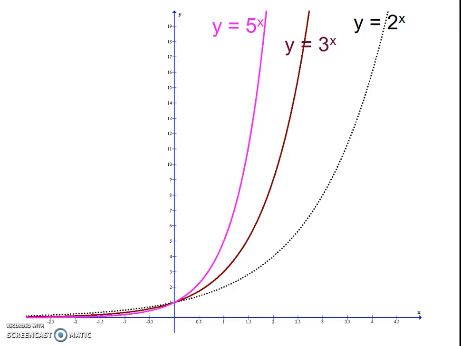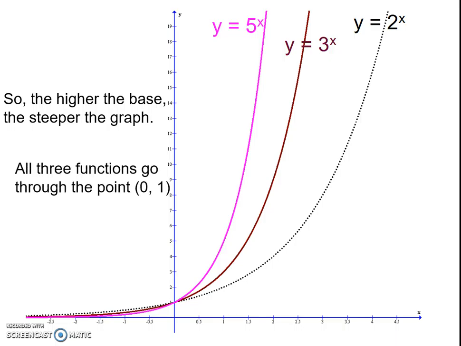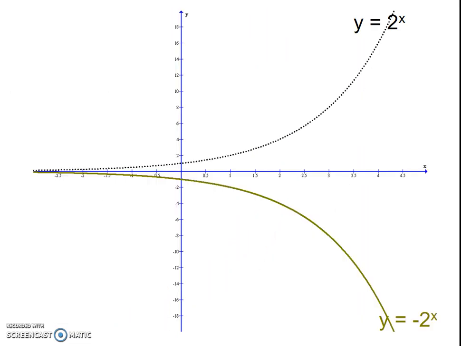It's getting closer to the axes as well, still going through 0, 1. So, the higher the base, the steeper the graph, the quicker the growth, and all three go through 0, 1. If you put a negative out the front, it obviously, as you've seen here, reflects it in the x-axis.